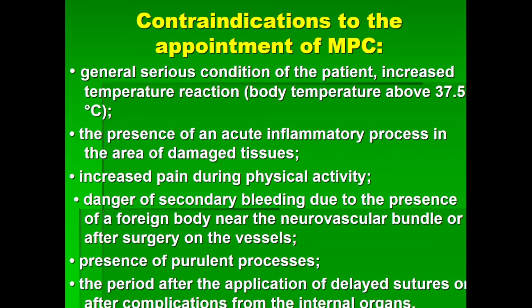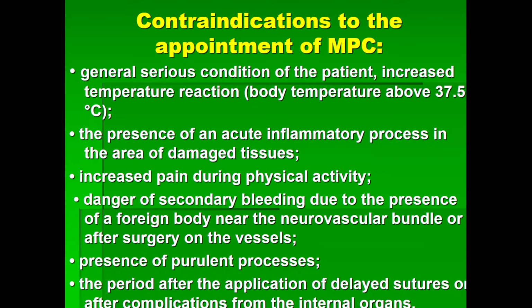Contraindications to the appointment of medical physical culture. It is the general serious condition of the patient. It is intoxication, increased temperature reactions, body temperature above 37.5 degrees Celsius. The presence of an acute inflammatory process in the area of damaged tissue with purulent inflammation.